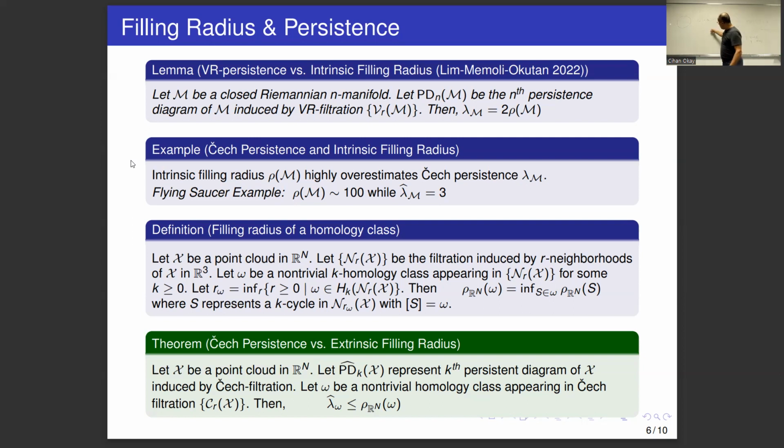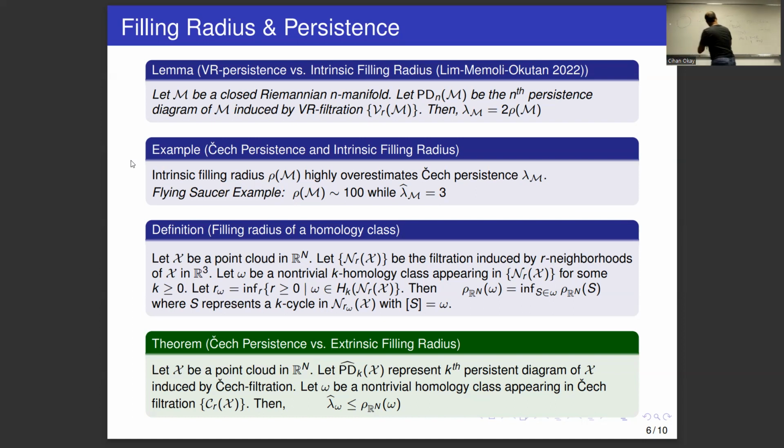Now, it becomes trivial in the neighbors of the point cloud, but here I am only looking at the neighbors of the original homology class. I am not looking at the contribution from the other points. That's why it's less than or equal to here. It cannot be equal to; here it's going to be 0.5.